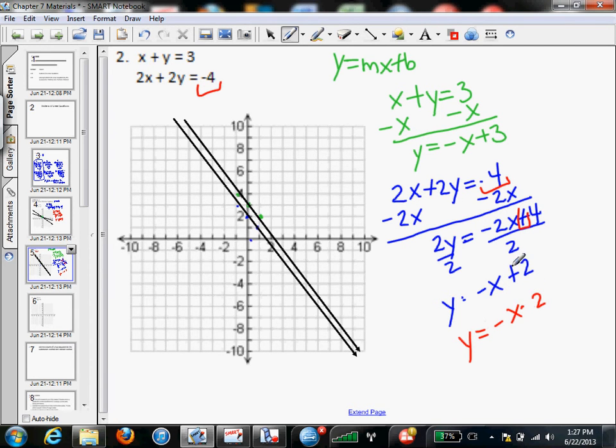But if you notice, since the slopes are the same either way, the y-intercept would not matter; you're going to have parallel lines any way you do this problem. If the y-intercepts are different but the slopes are the same, we're going to have two parallel lines.